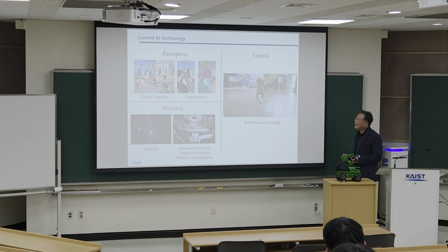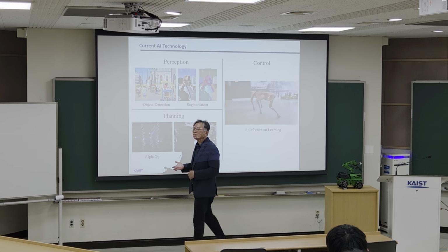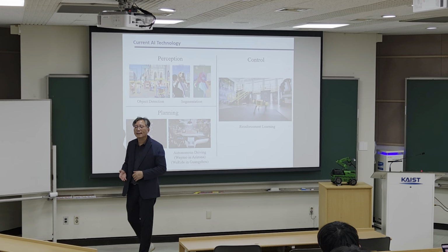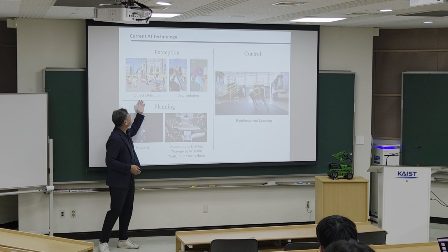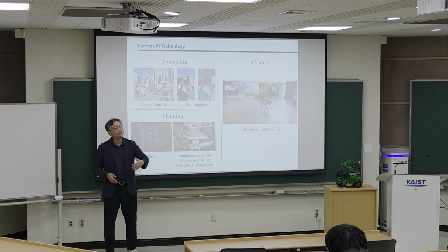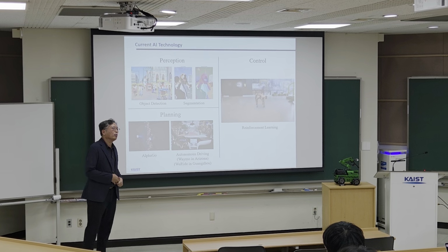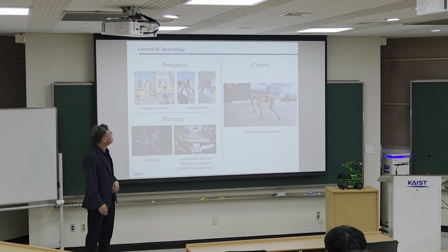In terms of AI, it can sense the world fairly well. We have object detectors to detect humans, pedestrians, lights, buildings, various objects very, very well, better than humans.